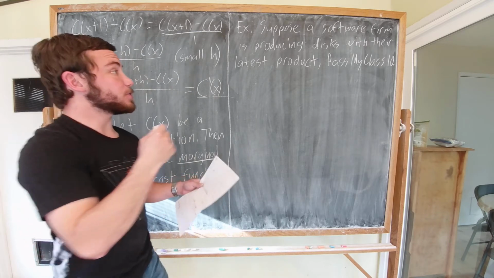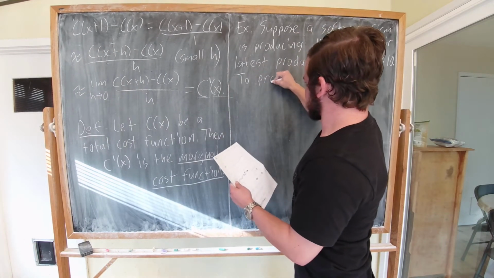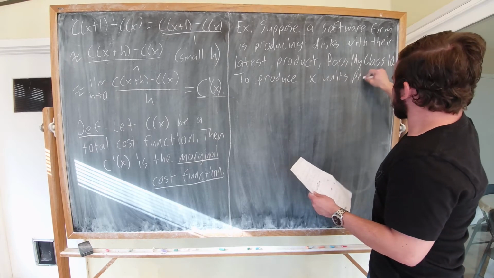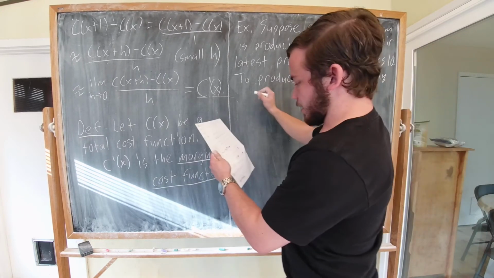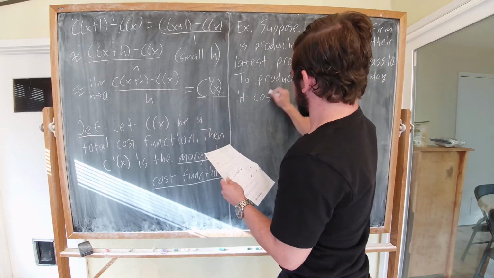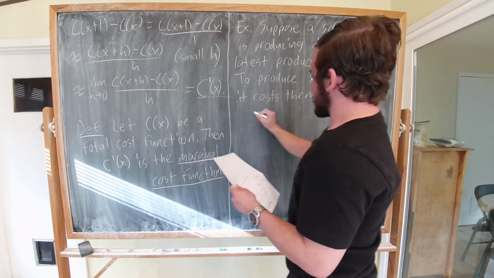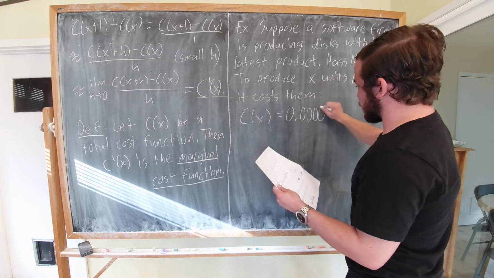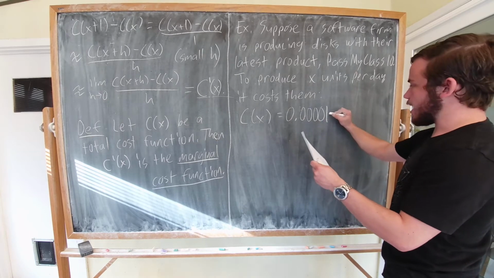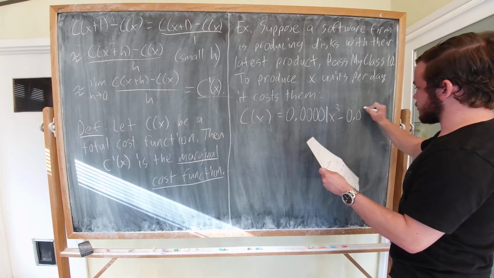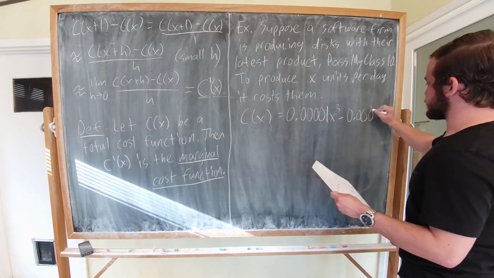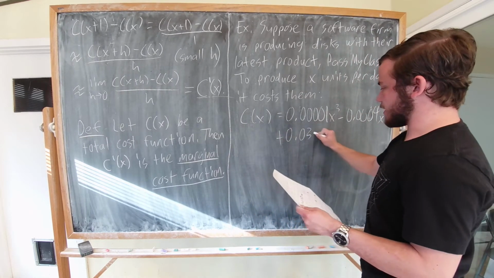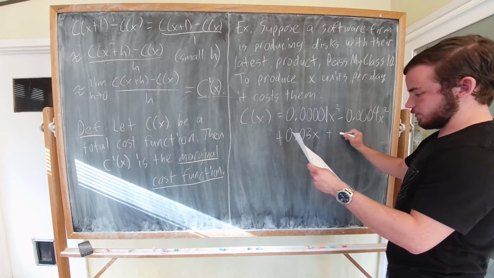Okay, so to produce x units per day, it costs them C of x equal to 0.0001234 x cubed minus 0.0004 x squared plus 0.03 x plus 100.